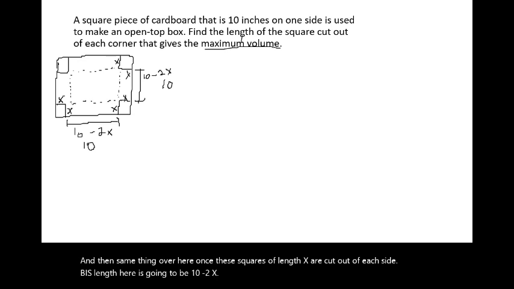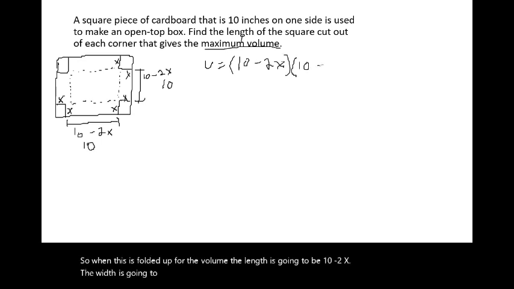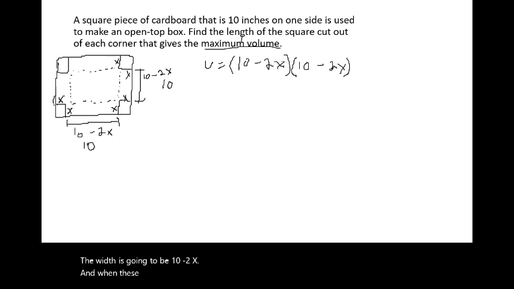So when this is folded up for the volume, the length is going to be 10 minus 2x. The width is going to be 10 minus 2x. And when these flaps are folded up, the height is actually going to be x. So length times width times height, x.